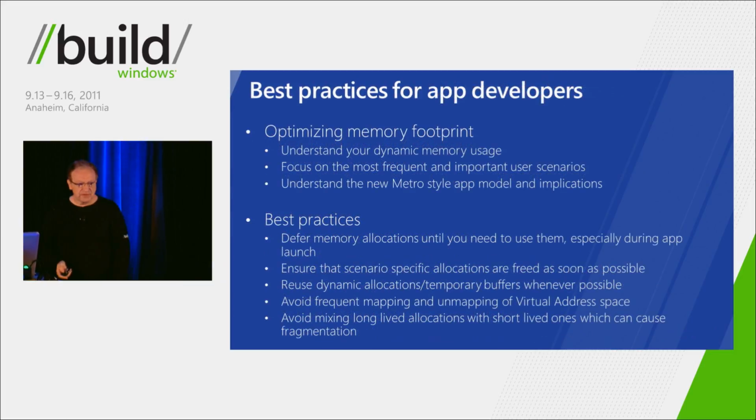For application developers, again, please use the tools to understand your memory usage. You're often going to be surprised, as we were, about some of our allocation patterns and some of our usages, and use them to identify opportunities to go off and make improvements. Focus on the most frequently used user scenarios, and be conscious that you need to test things in different order.